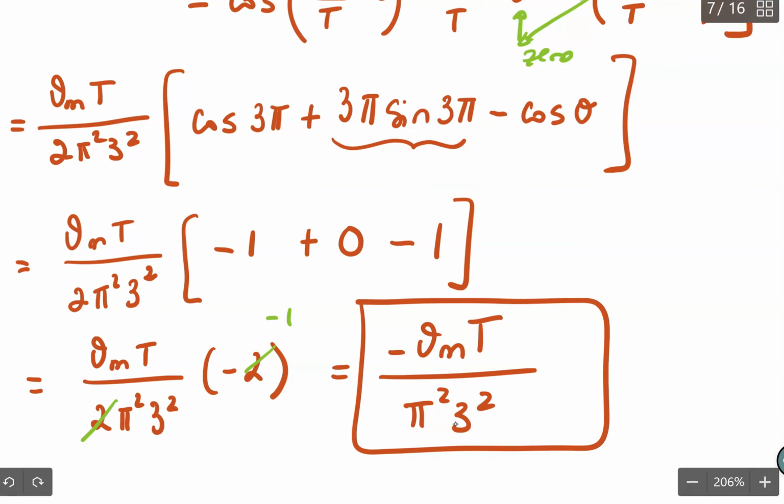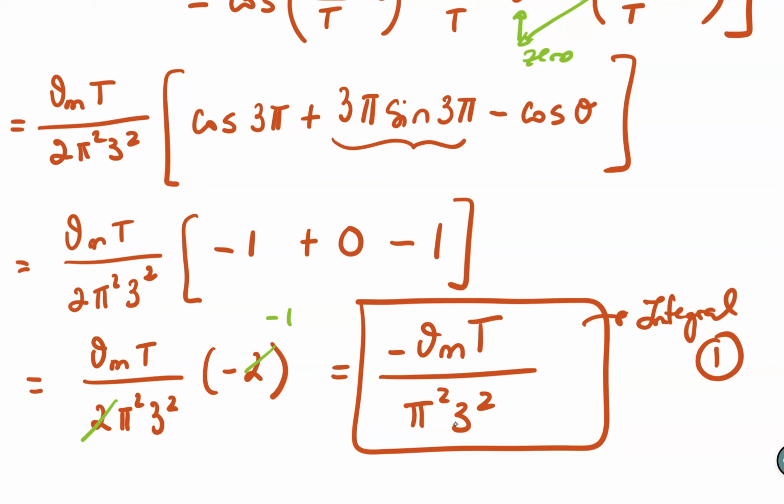This is our integral 1. Alright, okay. So this is my integral number 1. So all done with negative V max times the period t divided by pi square 3 square.